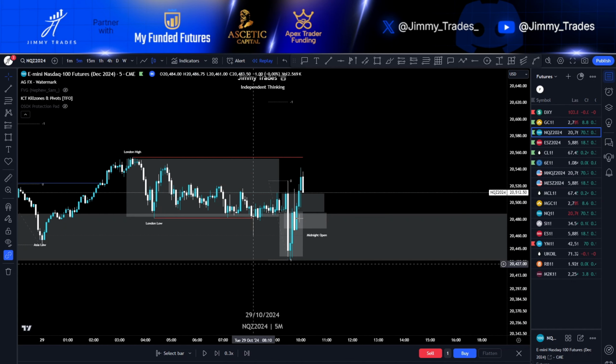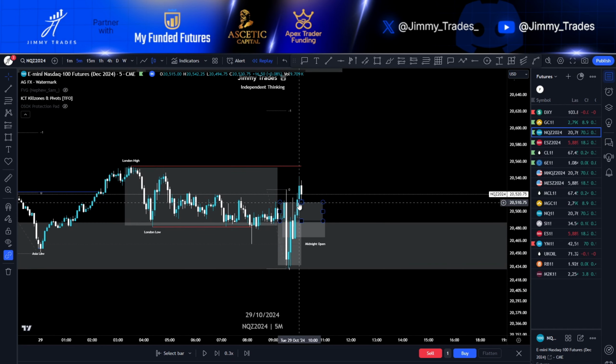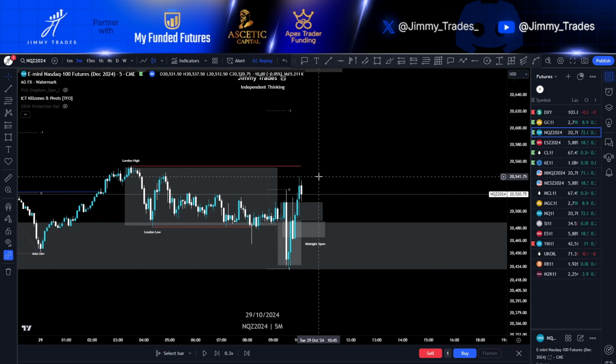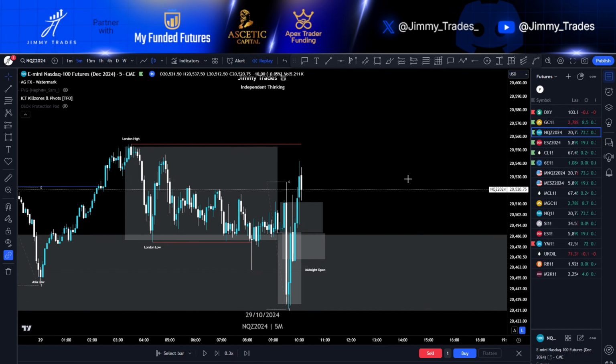Now it's at this point where I put an order on the chart. So this candle closed, the 10 a.m. candle closed, and I'm just going to zoom in a little bit.